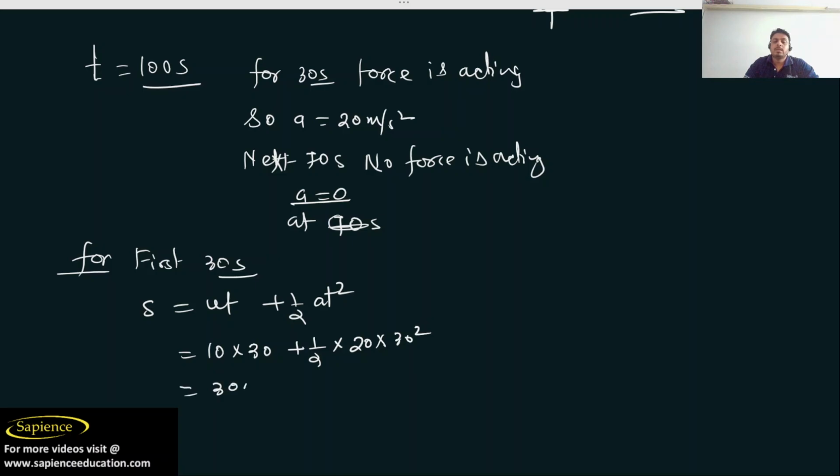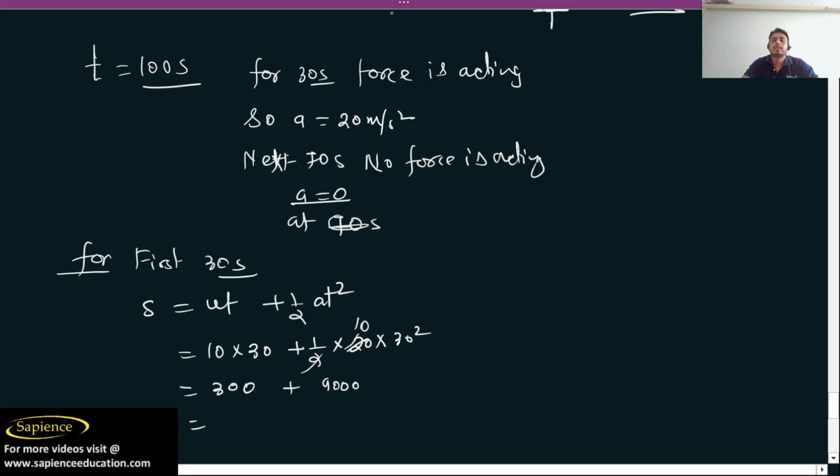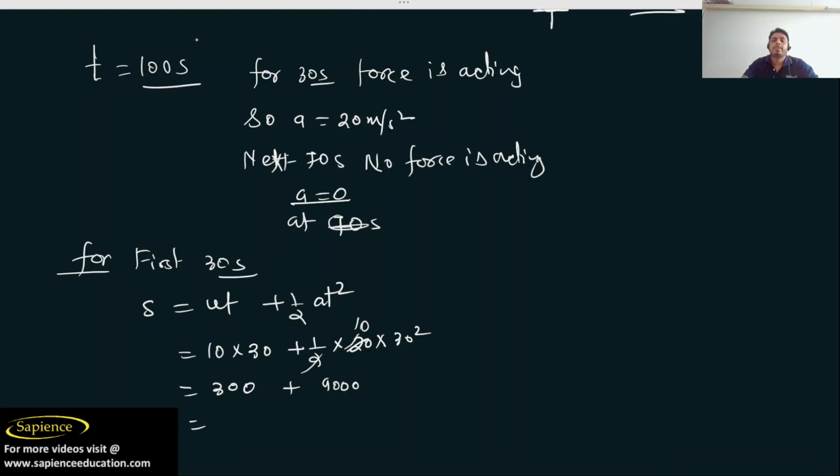This will be 300 plus 9000. But since acceleration is negative, it is a retarding motion, so we have to take it as negative only.